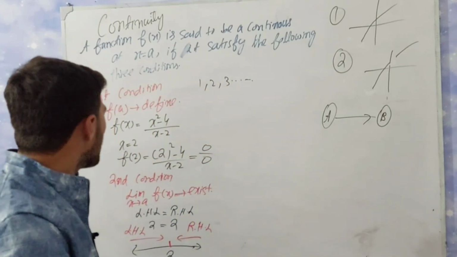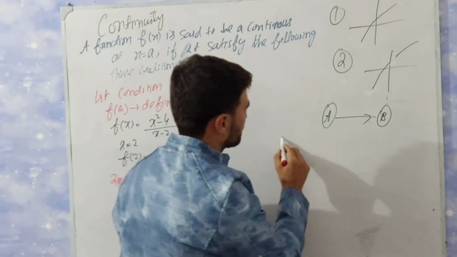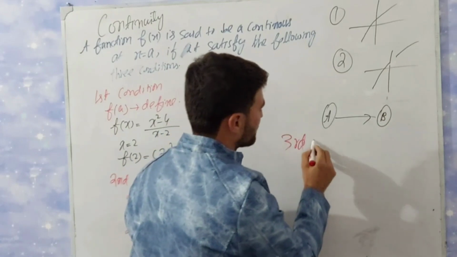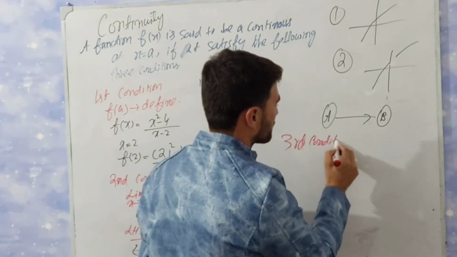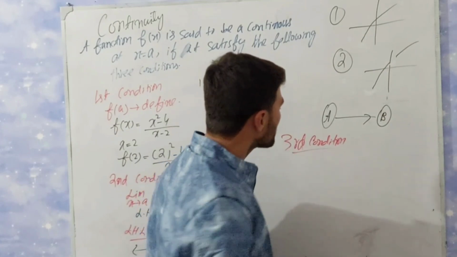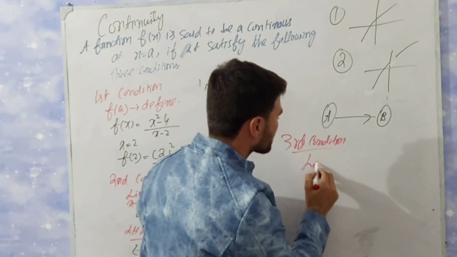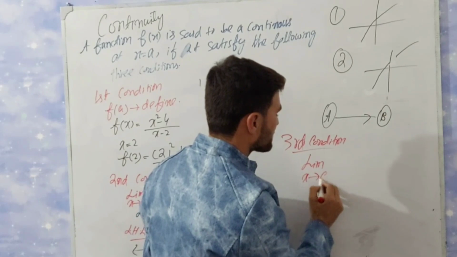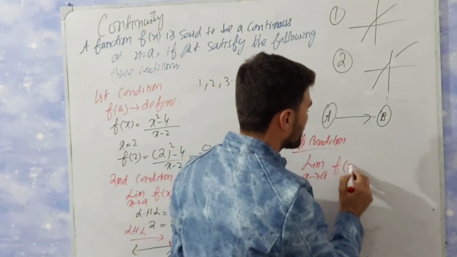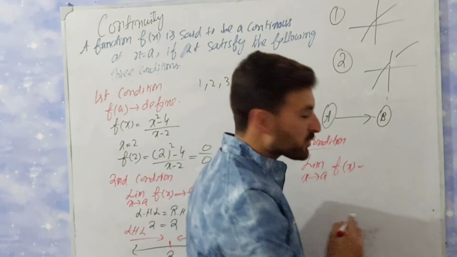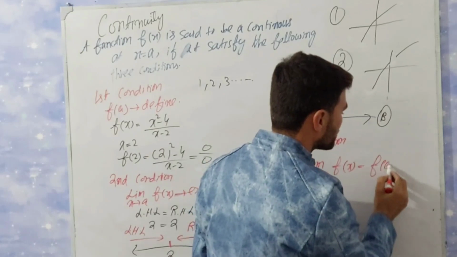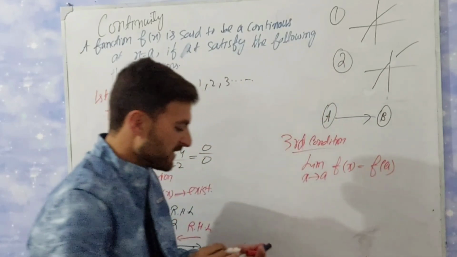Now let me tell you about the third and last condition. The third condition is that the limit as x tends to a of f of x should be equal to f of a. What does it mean?